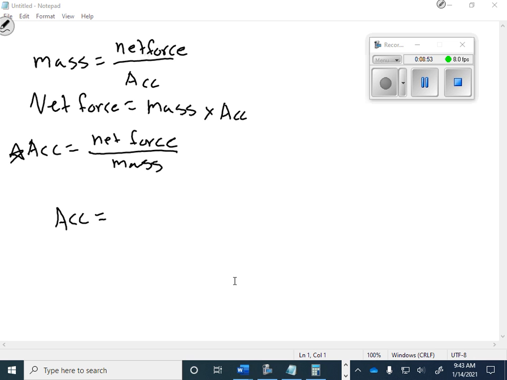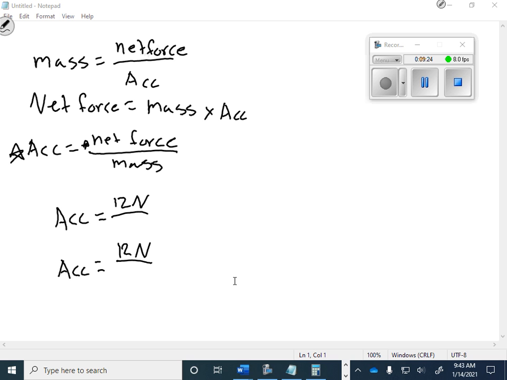And this problem says that we want to determine the result when a 12 Newton net force is applied. So for the net force part of the equation right here, we want to plug in 12 newtons of force. And we're doing this for 2 objects, so let's set it up twice. According to our equation, mass is on bottom, so we need to find the mass and plug that in.